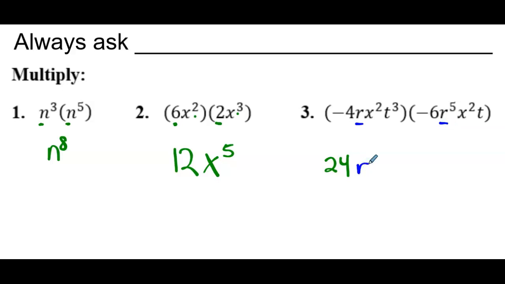A 1. So it's r to the 6th power because I'm adding. I've got my x's. x to the 2 plus 2 is 4. And t is 3 here and 1 here, so t to the 4th power.